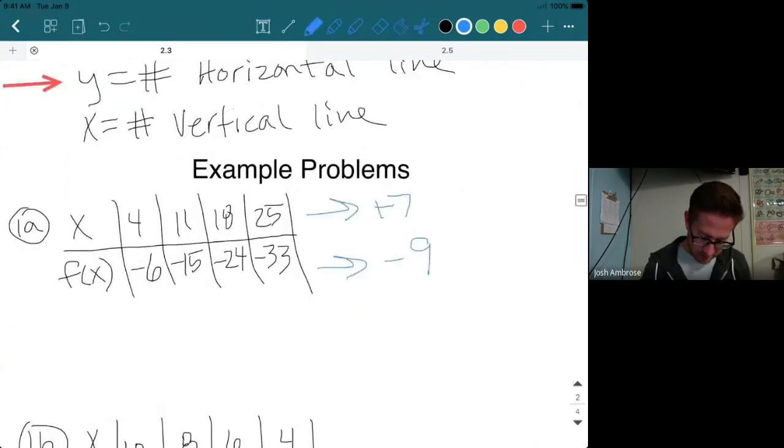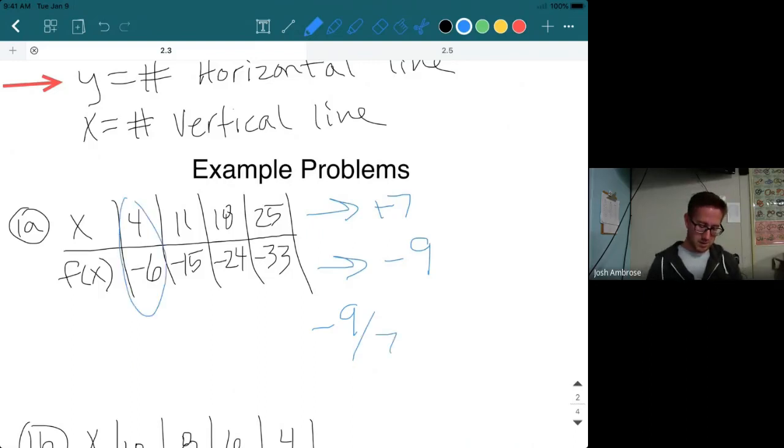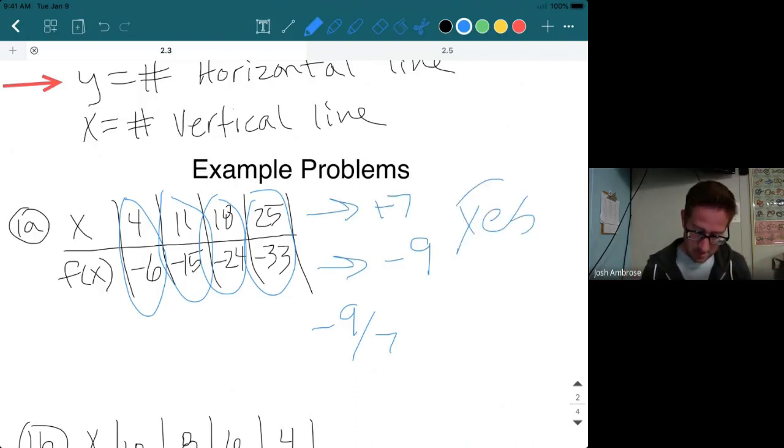So let's write this out. The change in f of x was a negative 9 every single time, and the change in x was 7 every single time. So that means every single one of them will have the exact same ratio, negative 9 over 7 every single time. Okay? So we would say, yes, this is a linear data set.